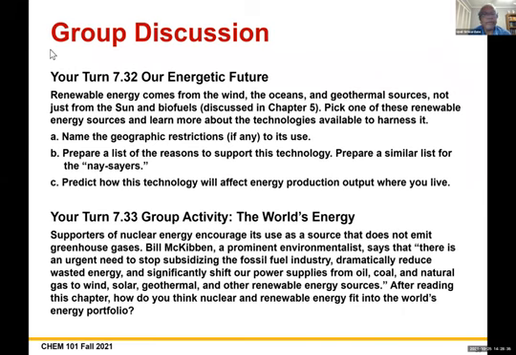Pick one of these renewable energy sources and learn more about the technologies available to harness it. Name any geographic restriction to its use. So some of the wind corridors restrict wind power. Prepare a list of the reasons supporting this technology.